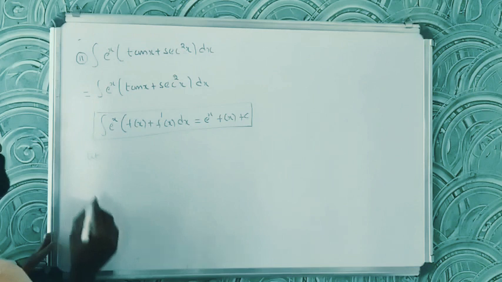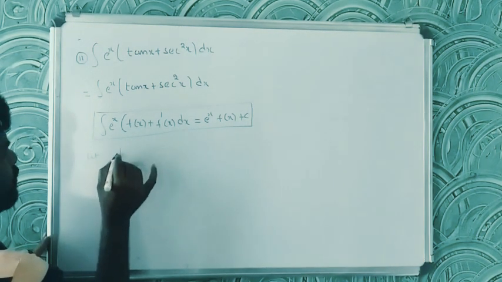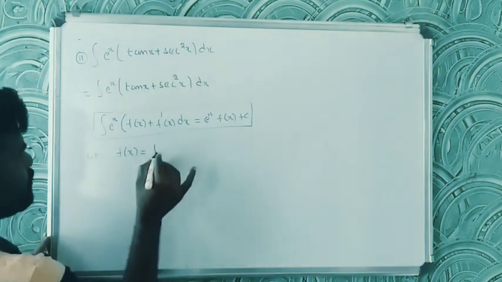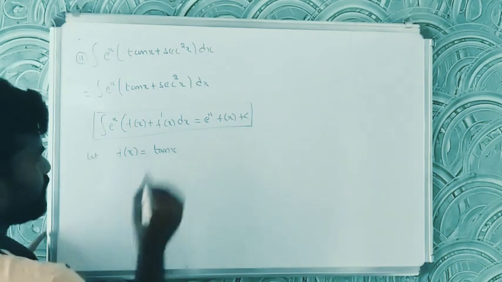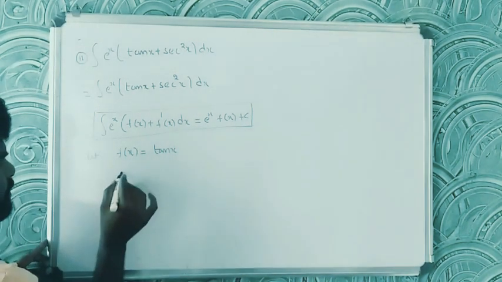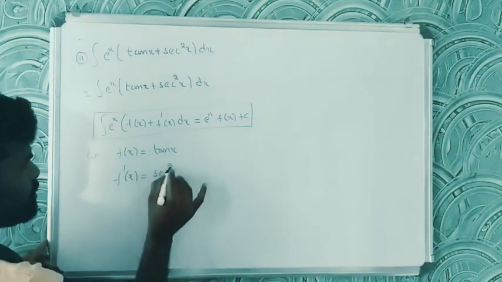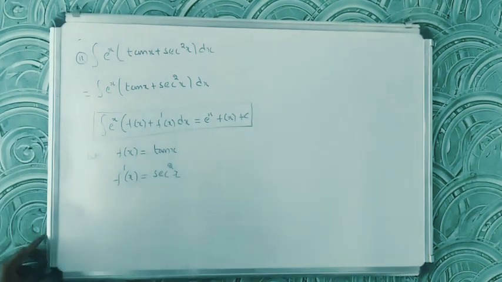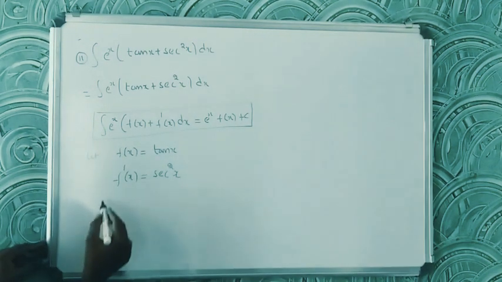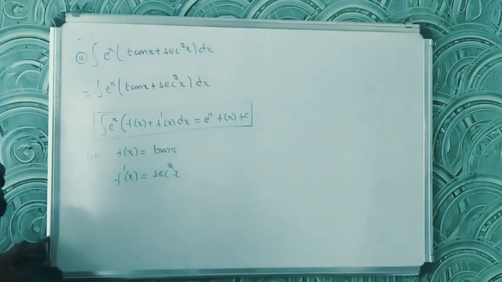Let f of x is equal to tan x. Differentiation of tan x, d by dx of tan x, is secant square x. So f of x is equal to tan x, f dash of x is equal to secant square x.